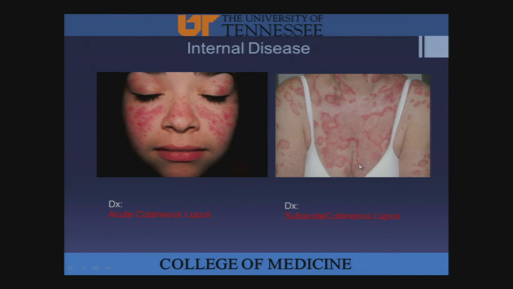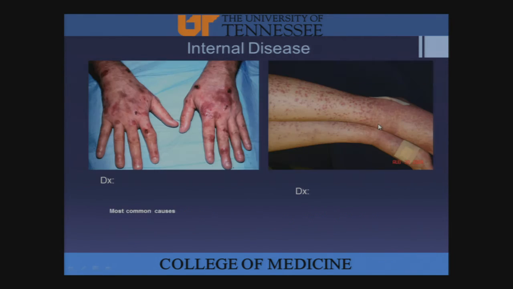You can find the answer right away. The subacute form has elevated Ro and La and elevated ANA levels. And these lesions don't scar compared to some other lesions that you can confuse them with.